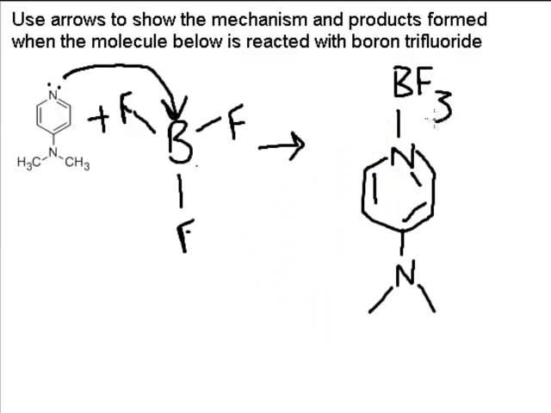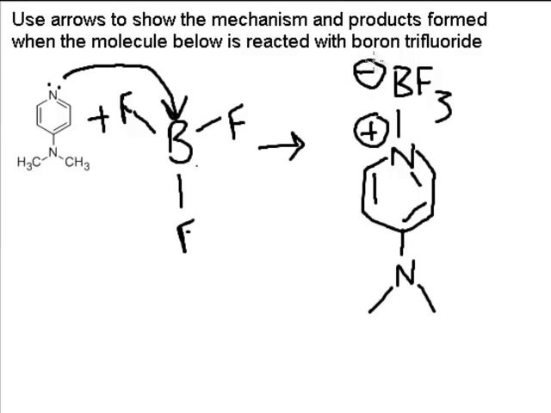Now that we've added an extra bond to nitrogen, nitrogen has 4 bonds. In its neutral state, it likes to have 3 bonds and a lone pair. With 4 bonds, it's missing a valence electron in the formal charge calculation. So nitrogen would be positively charged. Boron, on the other hand, has now added electrons from its neutral state, which makes boron negative.